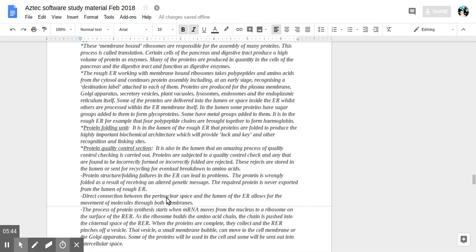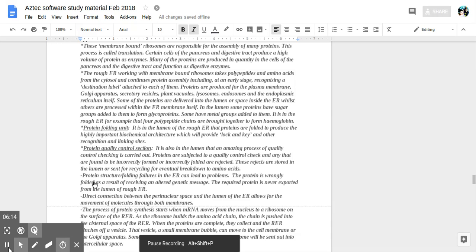The process of protein synthesis starts when mRNA moves from the nucleus to the ribosome. On the surface of the rough endoplasmic reticulum, the ribosome builds the amino acid chain. The chain is pushed into the cisternal space of the RER. When the proteins are complete, they collect, and the ER pinches off a vesicle.